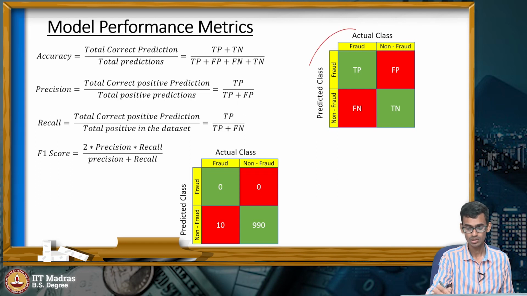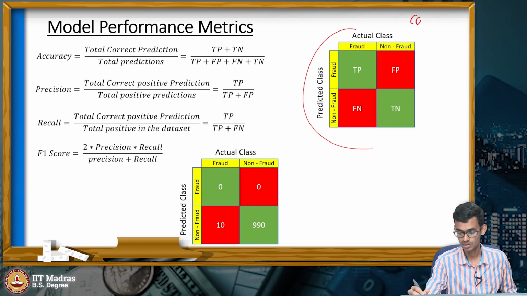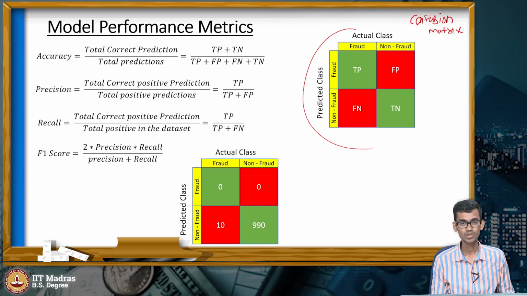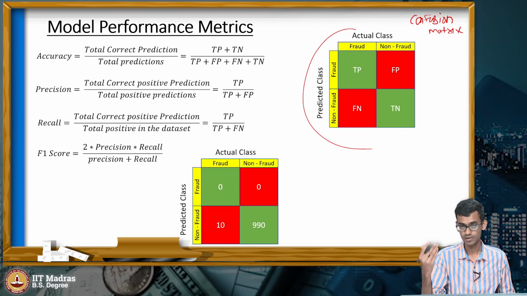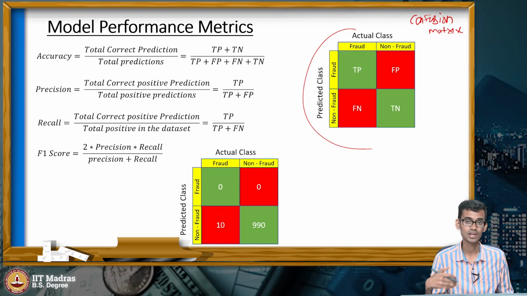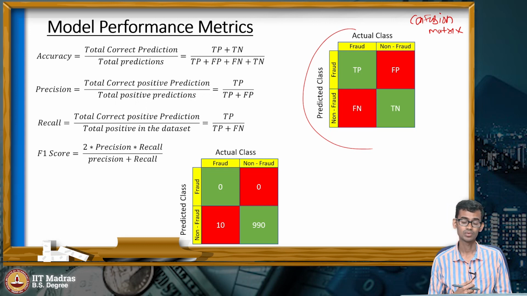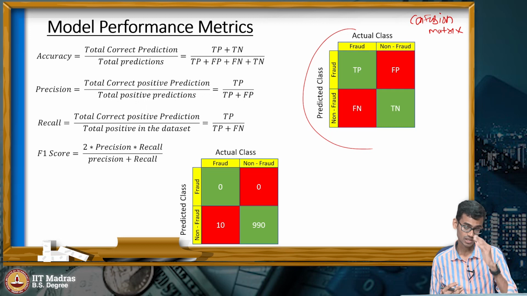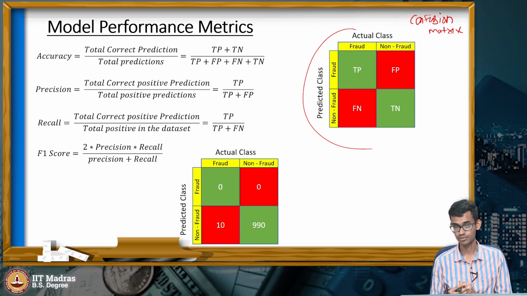What you see here is nothing but the confusion matrix. I think most of you who are taking this course are already aware of what a confusion matrix is, but I'll reiterate here to make the presentation complete, and to reiterate the importance of the confusion matrix. When you look at the model's predictions, there are two possible outcomes: a transaction can be classified as fraud, or as non-fraud.